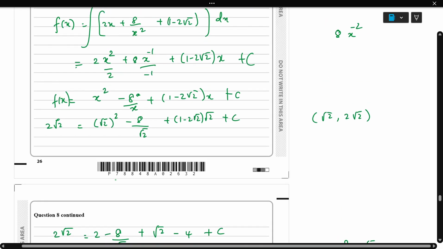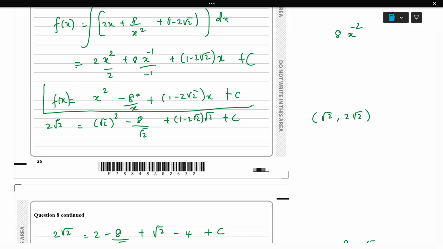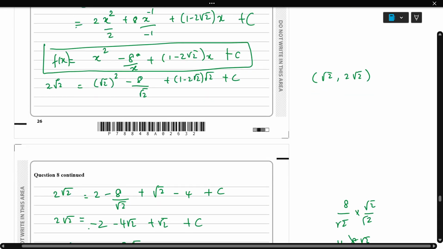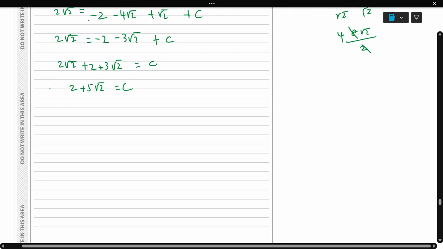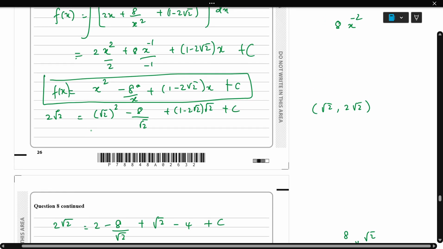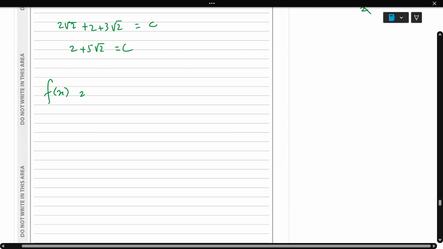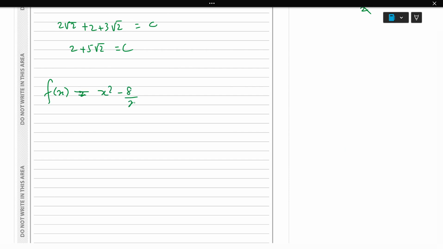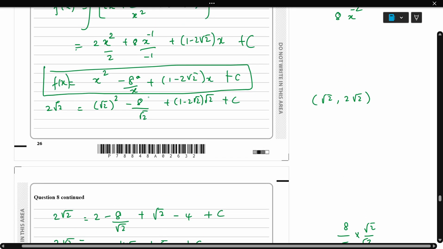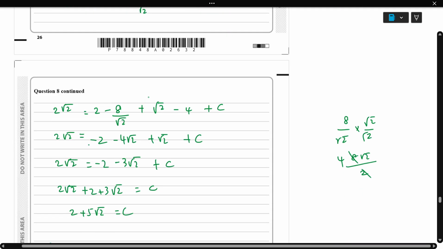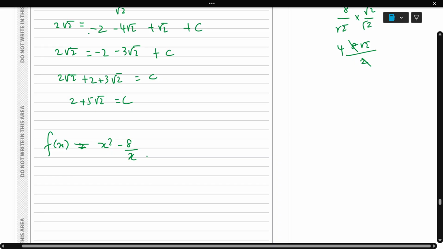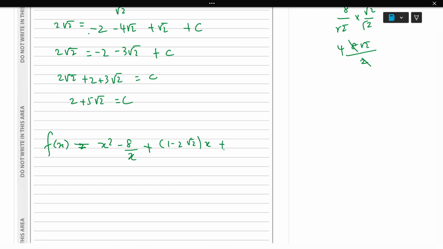Just substitute here, so we'll get the answer. f of x equal to x square minus 8 by x plus 1 minus 2 root 2 into x plus the c value.